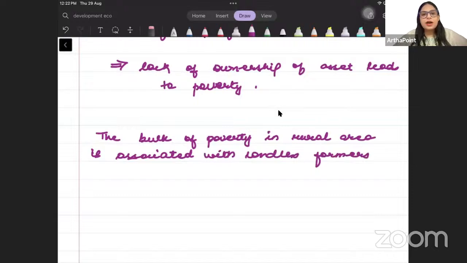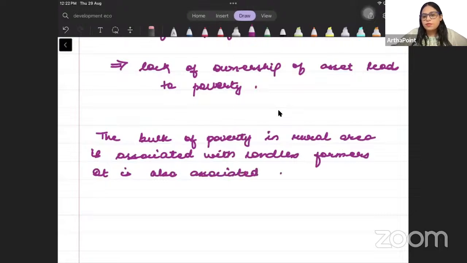Only as the farm size significantly increases, as your farm size becomes a bit bigger, will it be seen that these people are not poor, right? So it is also associated with owners of small holdings.